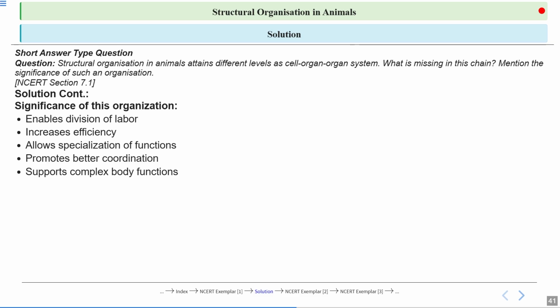There are so many systems, and it makes the body very complex. But still, as they have the organ level of organization, the body functions in a better way. So it ensures survival in diverse environments as well.